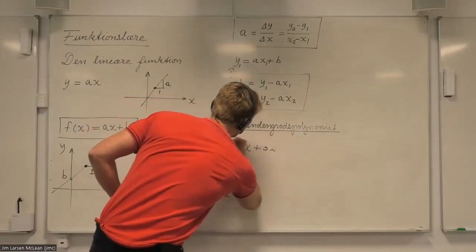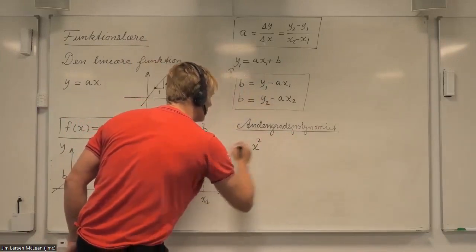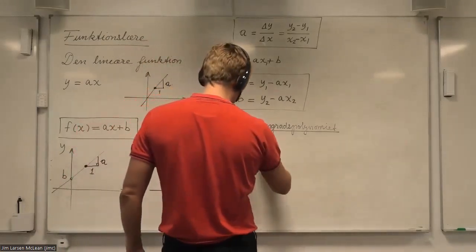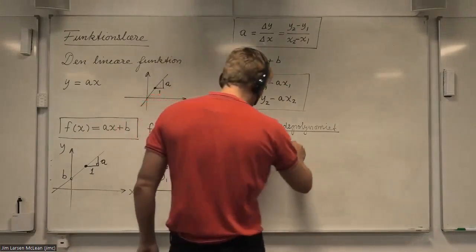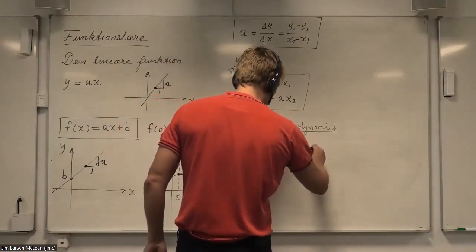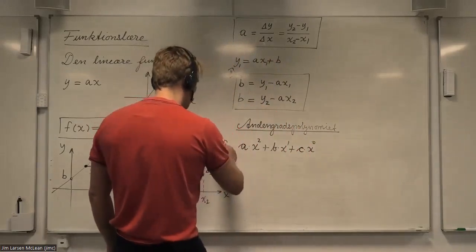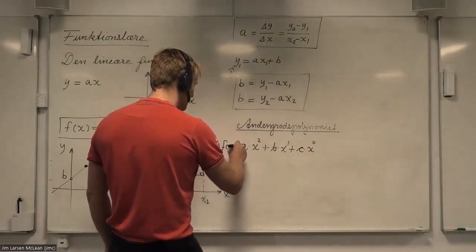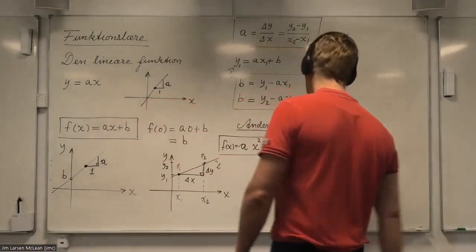So a second degree polynomial looks like this: some number a times x raised to the power of 2, plus some number b times x raised to the power of 1, plus some number c times x raised to the power of 0. And this is my function, so I can write f of x equals that. If this structure is there, you call it a second degree polynomial.